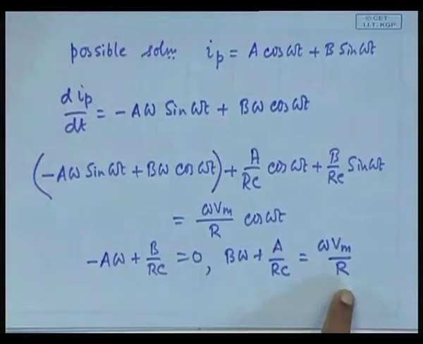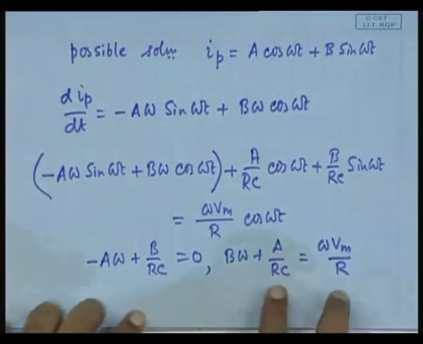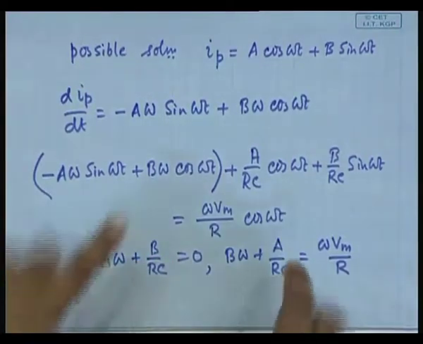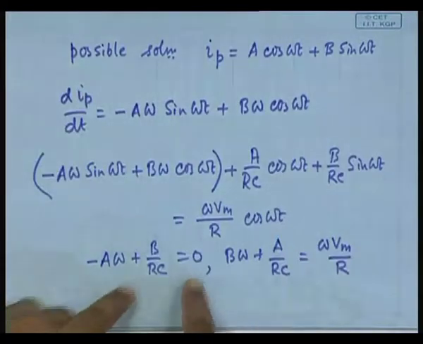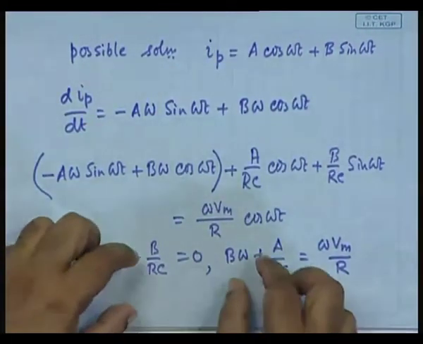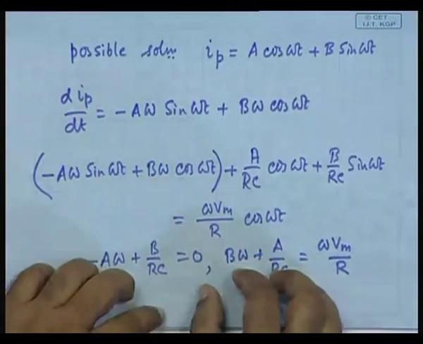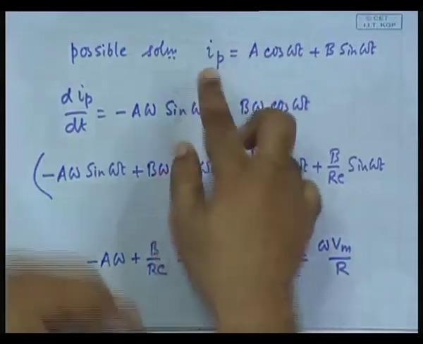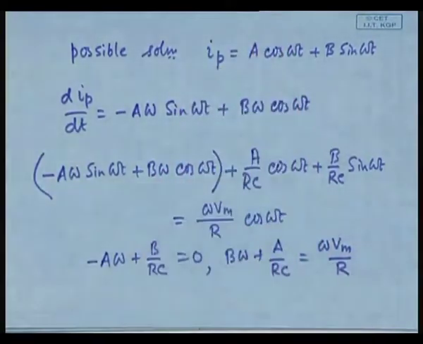Now we can see that this is two equations, two unknowns, a and b. We can extract the values of a and b which will satisfy this. That means, if you obtain a and b from here and plug them in here, you will get an equation for Ip, which is a solution of this equation.